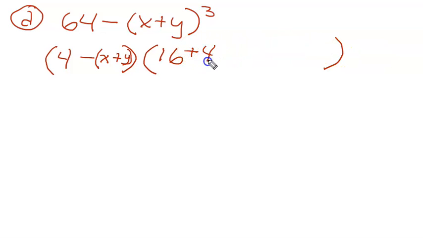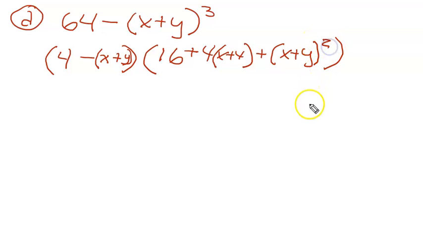It'll be 4 times this, again disregarding that, x plus 4. And then we have to square this. So this is going to be plus x plus y, the quantity squared.